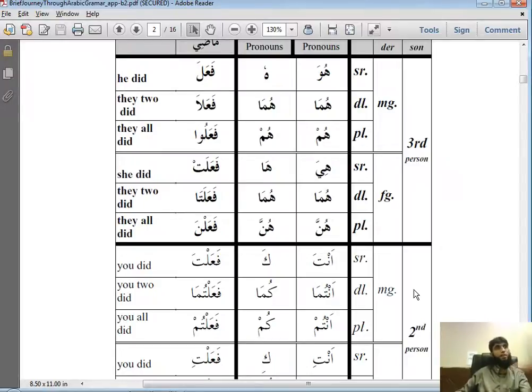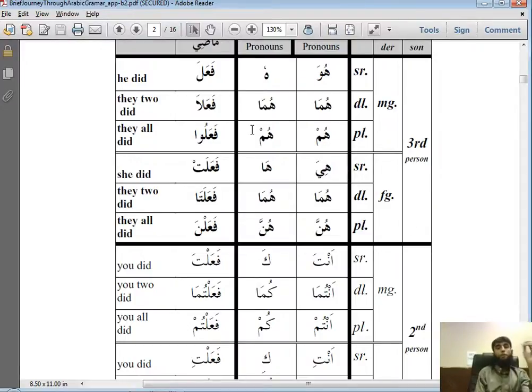So you saw in these examples how it changes based on who is talking and about whom it's being talked. So if I'm talking about myself, then it is the first person. If I'm talking to you and your action, then it is the second person. And if I'm talking to you and their action, then it is the third person.